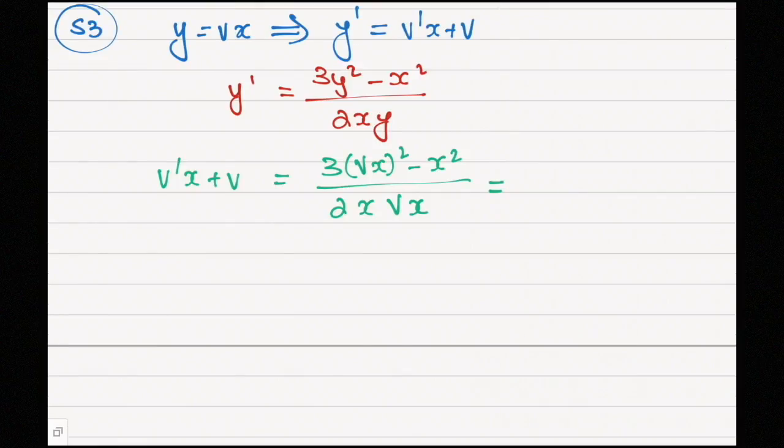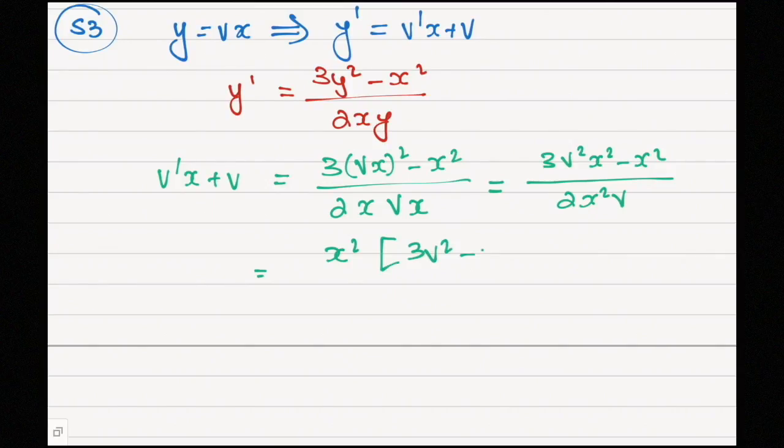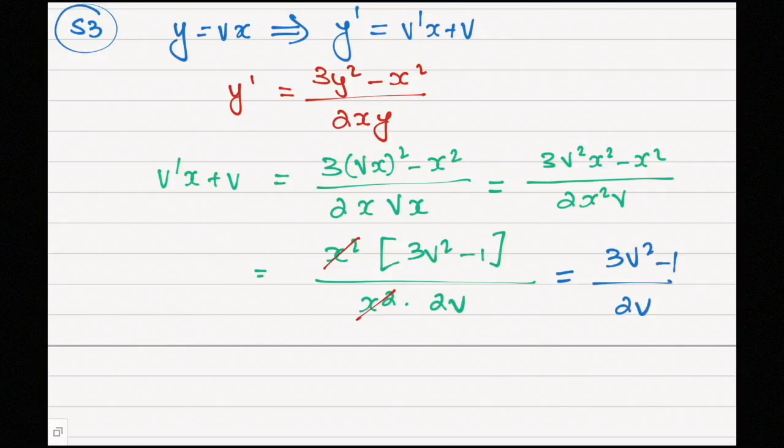This is going to be 3 times v squared x squared minus x squared divided by 2x squared v. If I take the x squared out, I am going to have 3v squared minus 1 divided by x squared times 2v, and again I can cancel the x squared out. Then I'm left with simply 3v squared minus 1 divided by 2v.